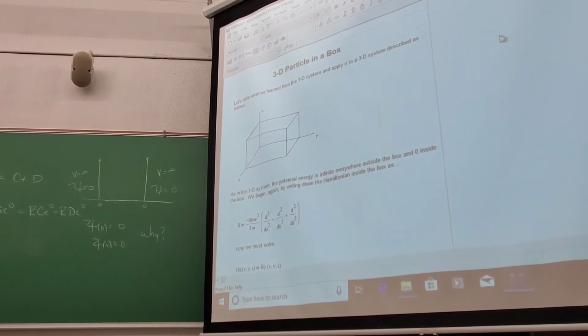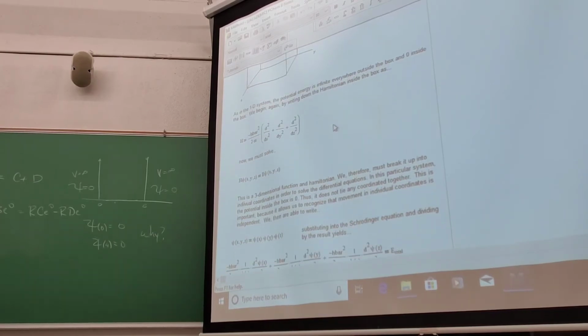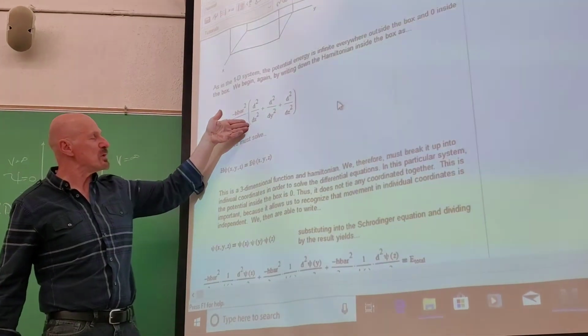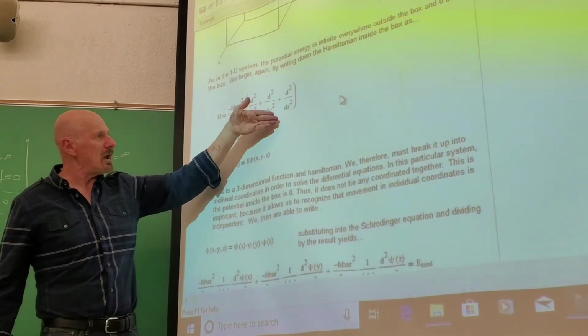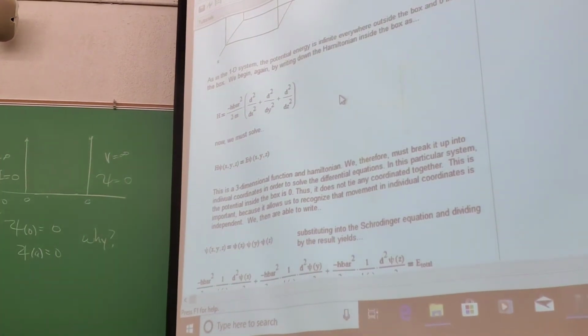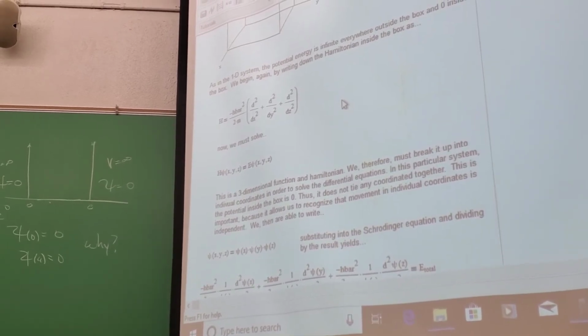The Hamiltonian now, we have a single particle in three-dimensional space. So now I have a Cartesian Hamiltonian, which has a second derivative in X, Y, and Z. As was the case, you cannot solve that differential equation until you separate the variables into three wave functions. So we do what you did in the homework.